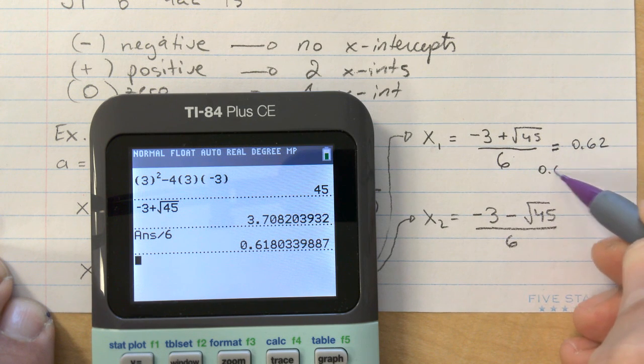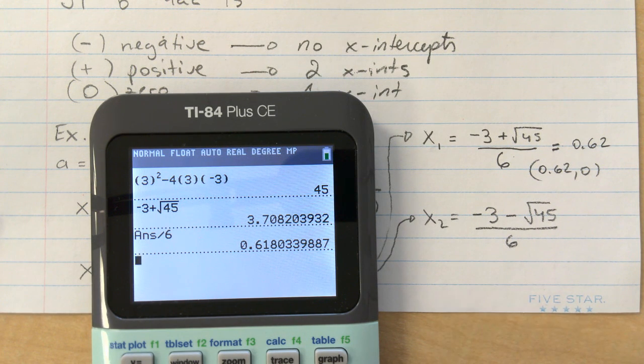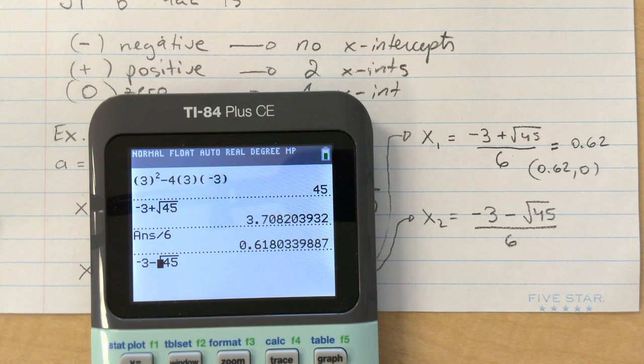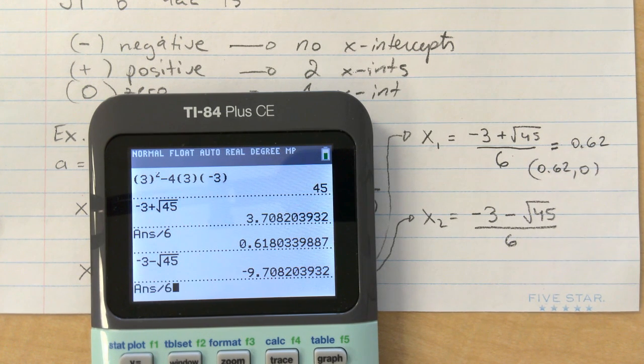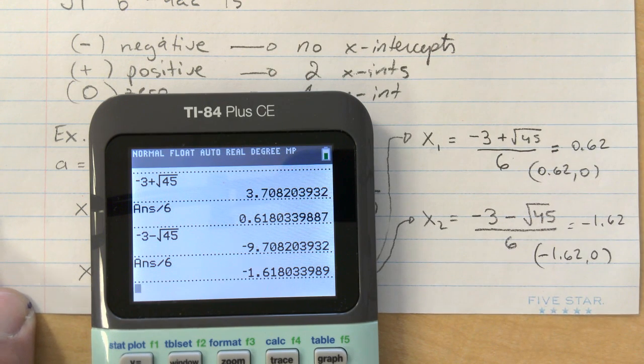It's really 0.620. And watch what I'm going to do. This is a very helpful tool. I just go up, copy the one I just entered, change the plus into a minus, hit enter, divide by 6, and it is negative 1.620. So there are your two x-intercepts.